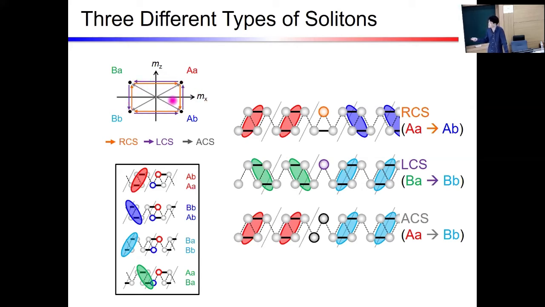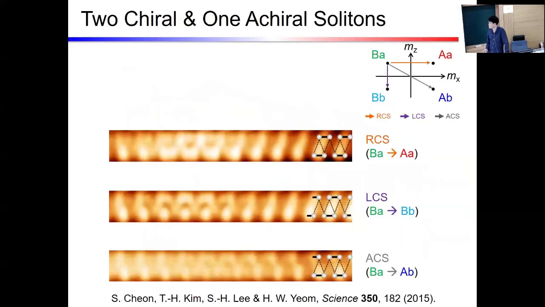Then we call it the right chiral soliton, and the other way the left chiral. Moving through the origin, they actually don't have any chiral direction, right? Then we call it a chiral soliton. So this is the atomic model representation for the right, left, and chiral solitons.